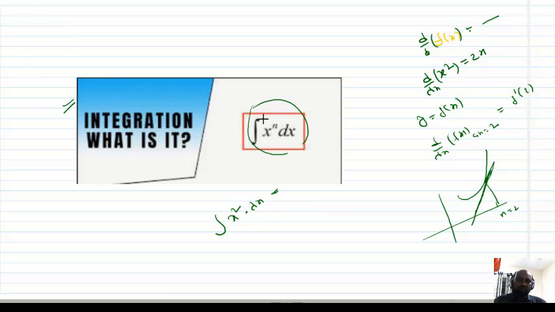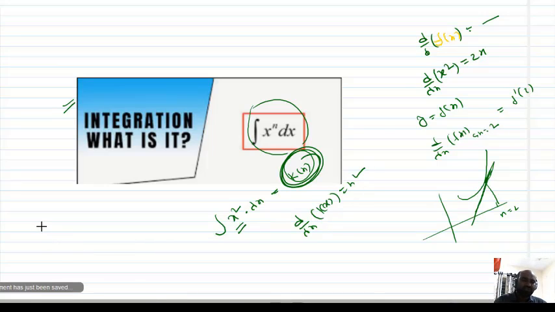According to the modern definition, integral of x square dx is some k of x. So in the modern definition, differentiation of k of x is nothing but x square. That is, d by dx of k of x is x square.